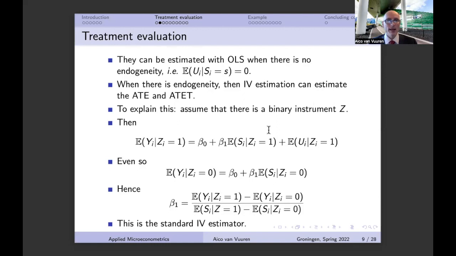Well then, and I'm not exactly sure whether you have seen this many times before during other lecture series, but what you should realize is that IV is actually based on the fact that we are going to look at the conditional mean of yi, conditional on zi.